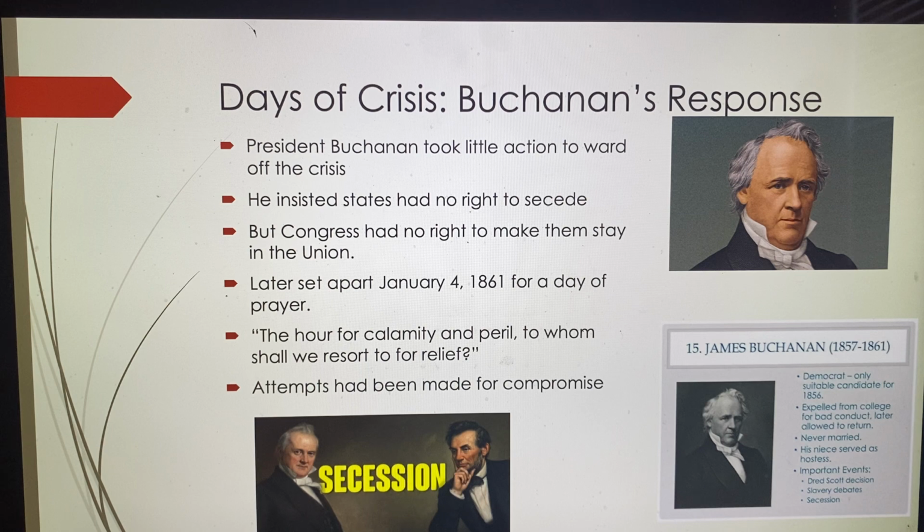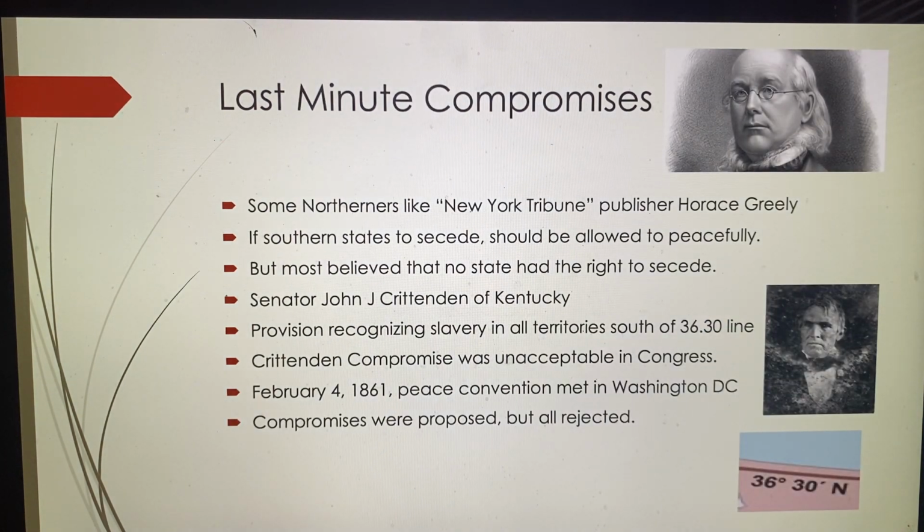His niece served as the hostess, and he actually had supported the events that had happened, the Dred Scott decision and the slavery debates and all these things during Buchanan's time, but he had done little compared to what Abraham Lincoln would do. So President Buchanan is not considered one of the top presidents of the United States, indeed. But last-minute compromises would happen.